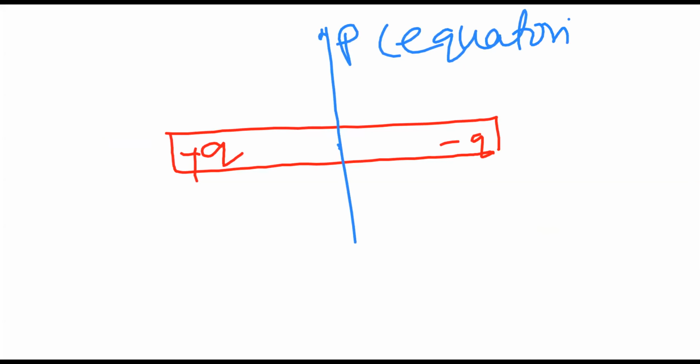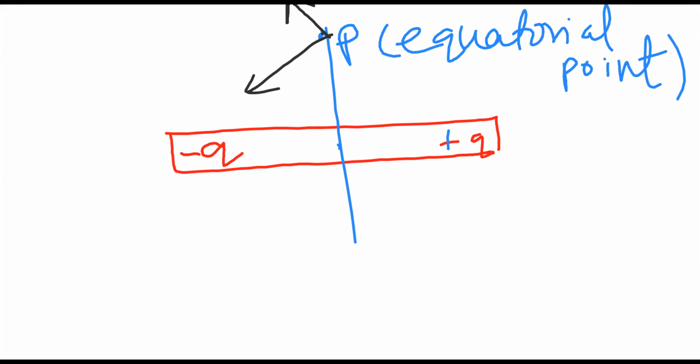Okay, you take this as plus, this as minus. Then the force will be here. So it is attractive like this. Here it is repulsive like this, because due to plus Q it is repulsive.